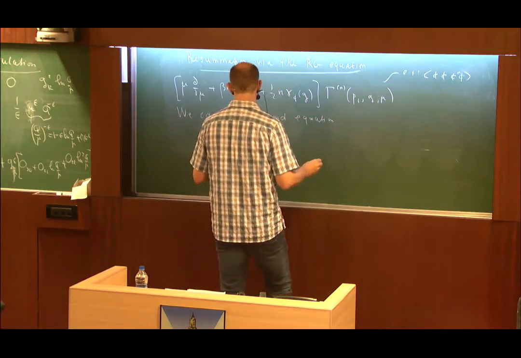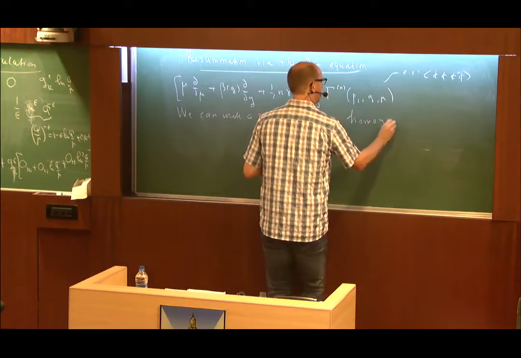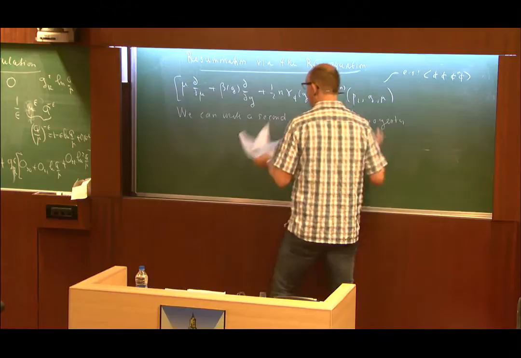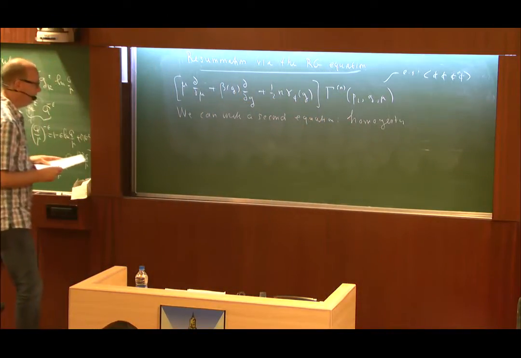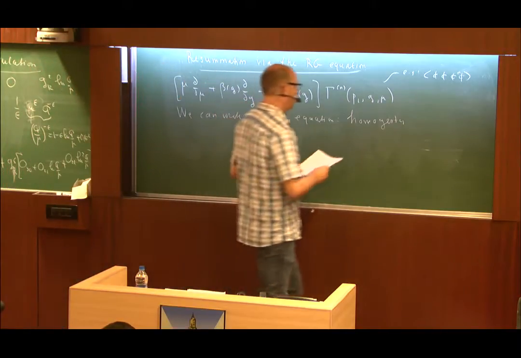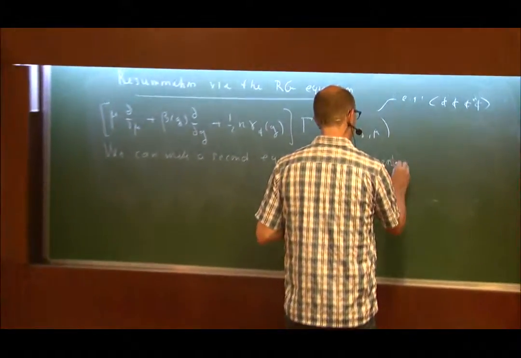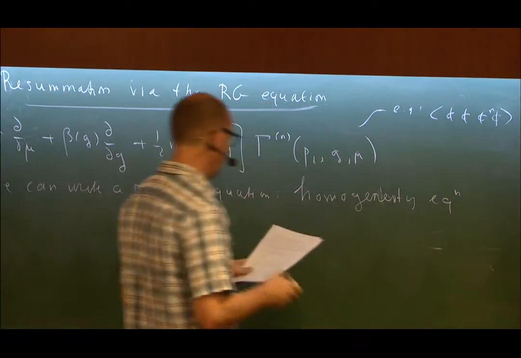We can write a second equation, a so-called homogeneity equation. If this will be a bit tough, there will be a simpler version right afterwards. So you won't miss anything really crucial. A homogeneity equation.